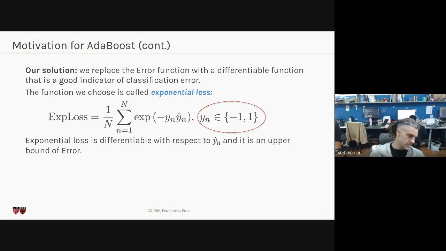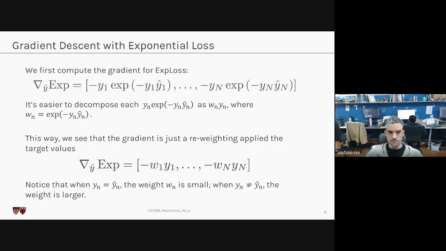So all the right predictions become e to the -1, and all the wrong predictions become e to the 1. E to the 1 is greater than e to the -1. We obtain a differentiable function, and then we minimize the loss. This is an alternative to the cross entropy loss for minimizing the classification error.